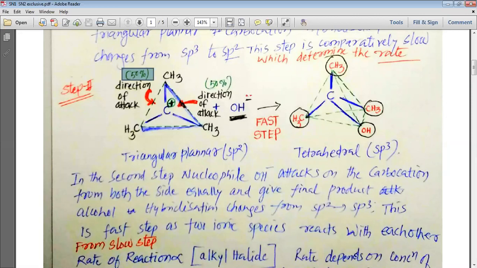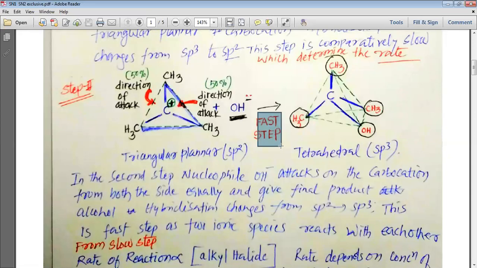You can see here that one species reacting is a carbocation, which has a positive charge. Another species reacting is a nucleophile with a negative charge. Both are ionic species, and as both are ionic in nature, the reaction is going to be very fast, because ionic reactions are very fast.